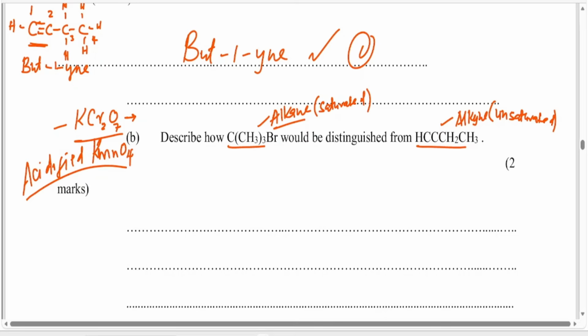If the purple color decolorizes, then that is an alkyne. If it does not, that is an alkane. So we are going to say add acidified potassium manganate 7 to both. Please learners write in full: potassium manganate 7 to both.